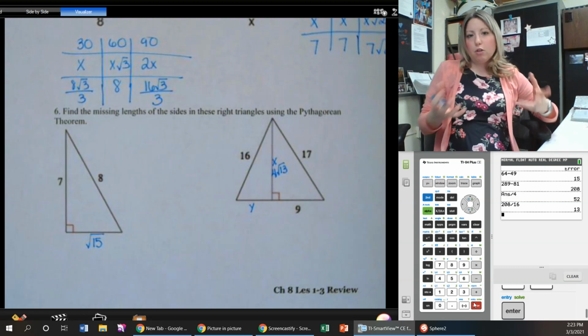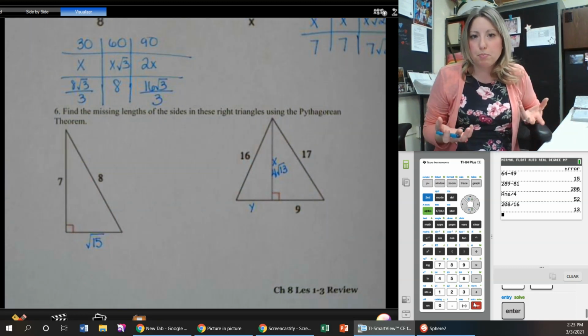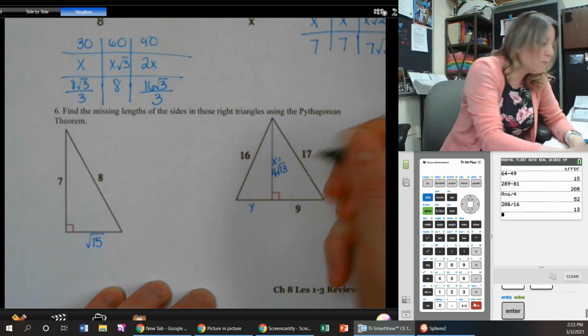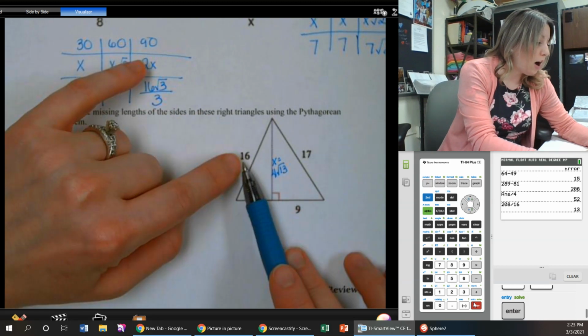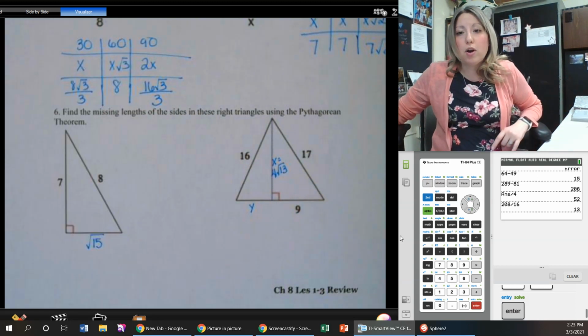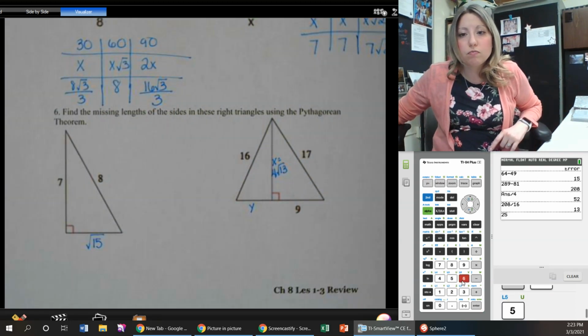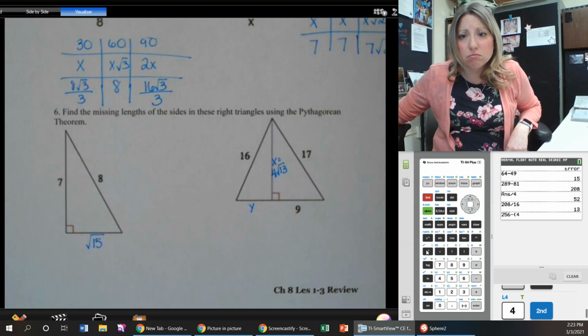Now this one will be a little bit more complicated as far as our Pythagorean theorem, right? Because I'm going to have to square 4 radical 13. Okay. Now this is my hypotenuse. So 16 squared is 256 minus 4 radical 13 squared. Well, actually, let's just throw it in here and square it.